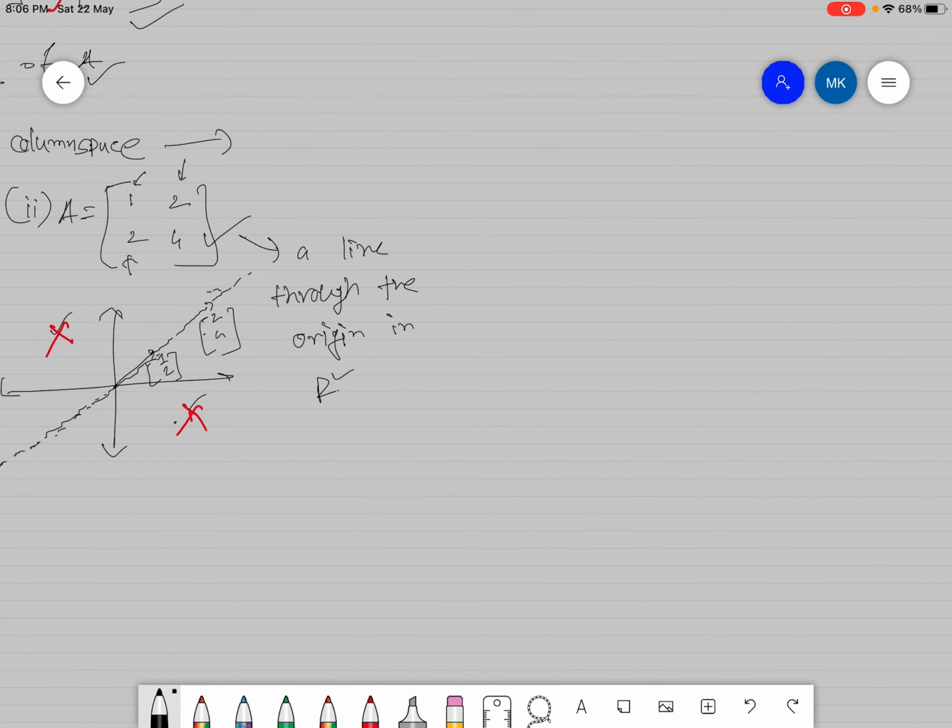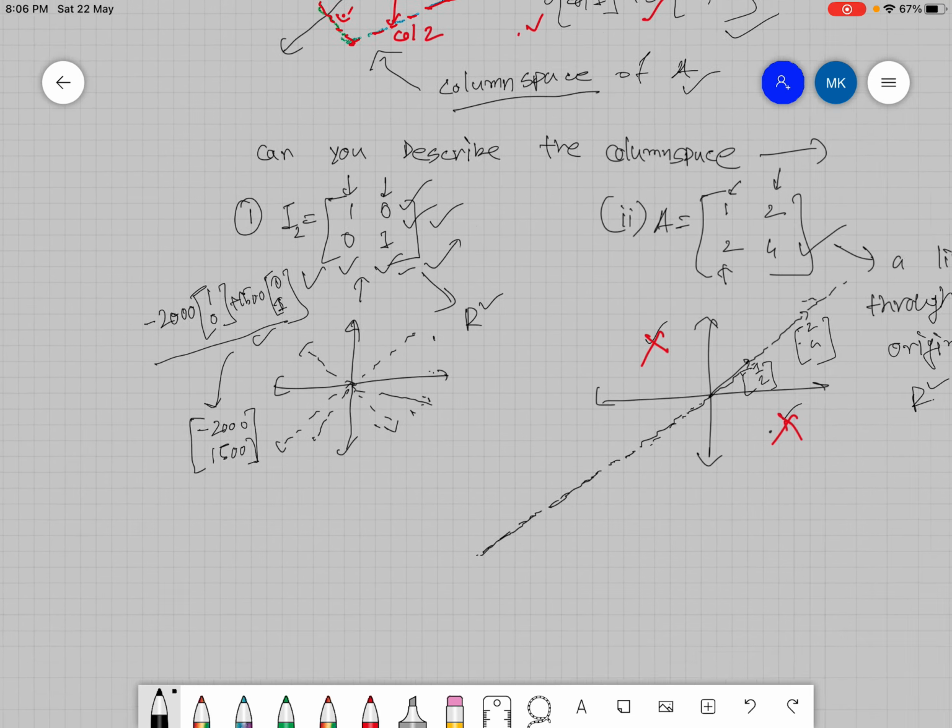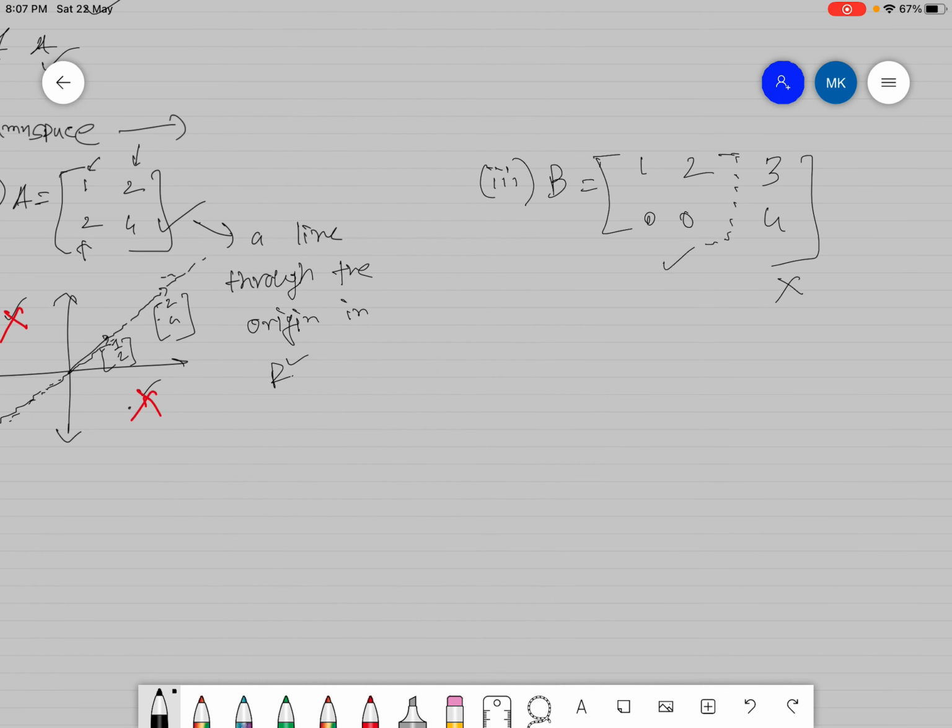Okay, so this is our last example. What about the column space of this particular matrix? If we had only this, suppose we do not have this column, then this matrix is just another way of representing the A matrix.